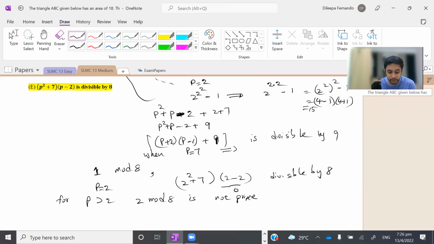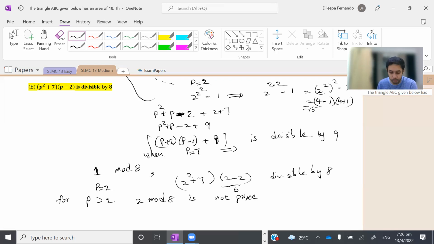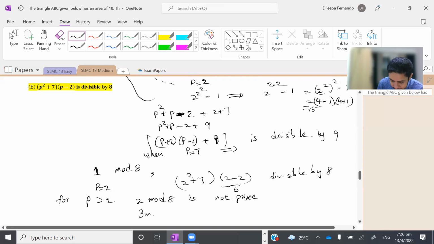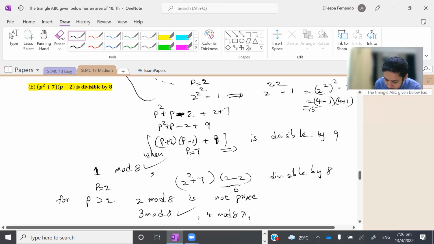After p equals 2, we don't consider 2 mod 8 as a prime, because we are going to prove it for just p greater than 2. 3 mod 8 can be prime. 4 mod 8 cannot; this is 8k plus 4, and 4 is the common factor. 5 mod 8 can. 6 mod 8 cannot, because 6 and 8 have 2 as a common factor.